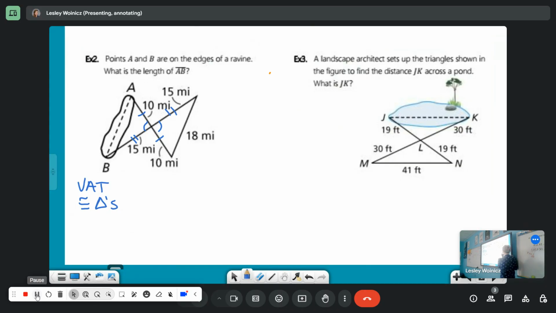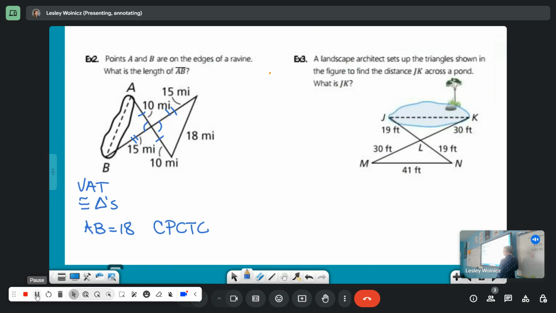I used my given information and my vertical angles theorem. I've shown that the triangles are congruent, so now what do I know that the length of AB is? Yep, AB is 18 because corresponding parts of congruent triangles are congruent.